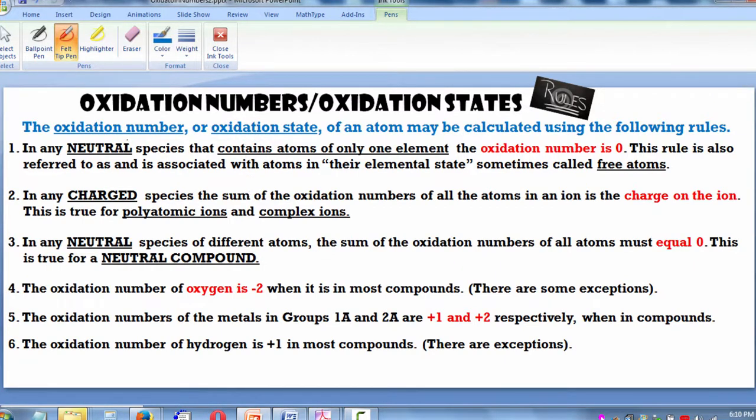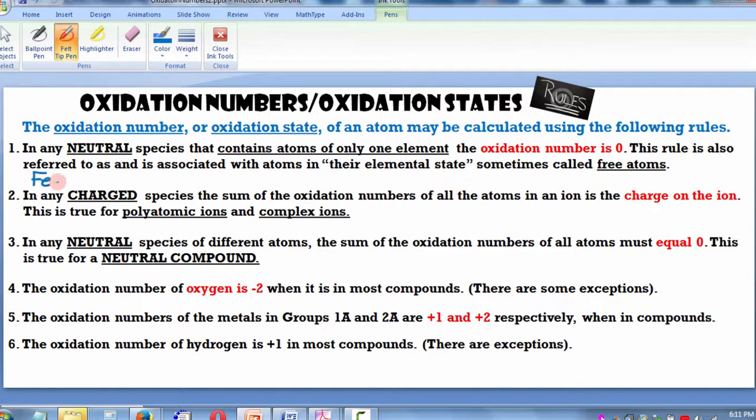Rule number 1. In any neutral species that contains atoms of only one element, the oxidation number is 0. This rule is also associated with atoms in their elemental state, sometimes called free atoms. What we mean by that is an atom in its elemental state.